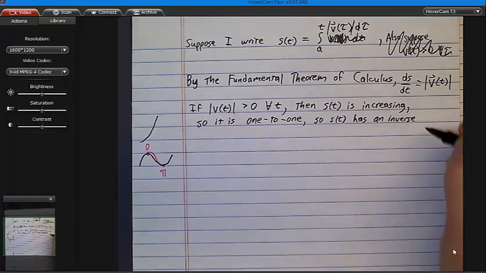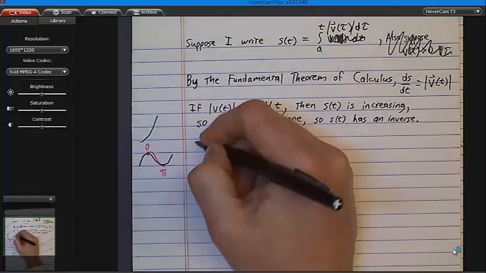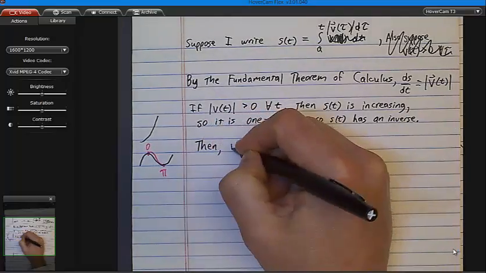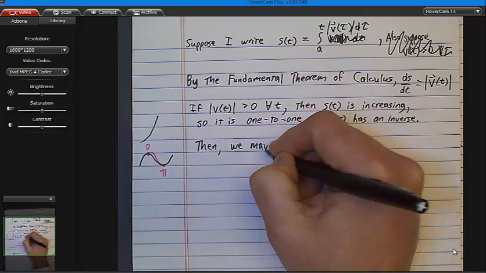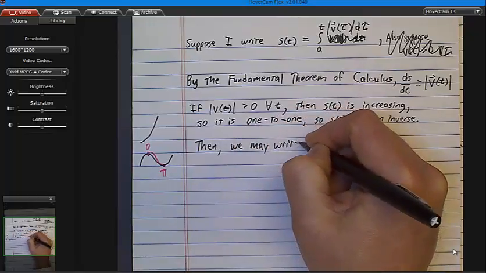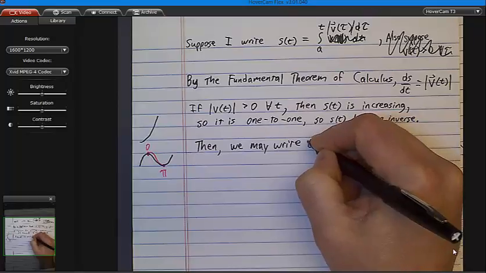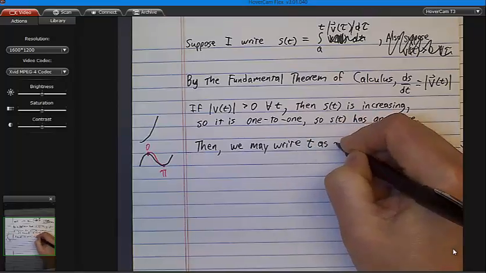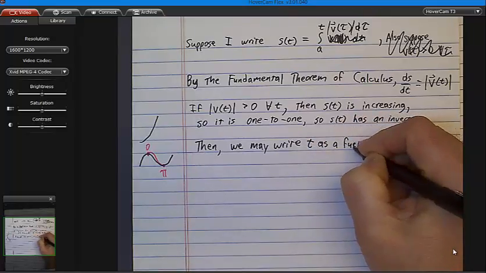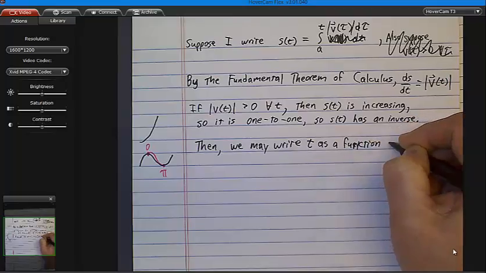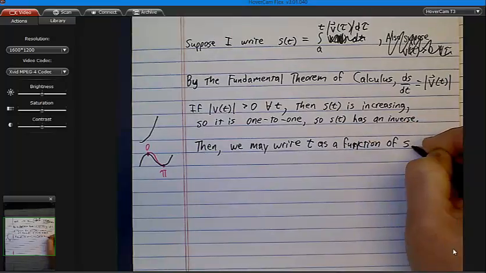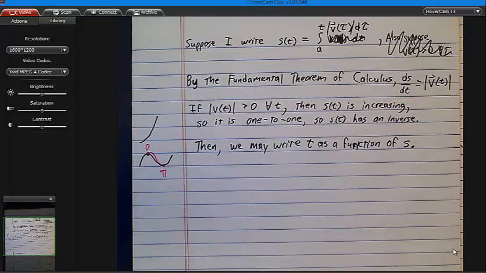If S of t has an inverse, then we may write t as a function of S. T as a function of S? Really? Yeah, you can.